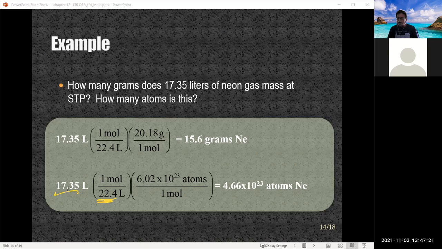So obviously the 17.35 is smaller than the 22.4. So that suggests that my final answer should be less than 6.02 times 10 to the 23rd. And it is. It is smaller than Avogadro's number because we have a smaller volume to work with in the beginning. Okay.